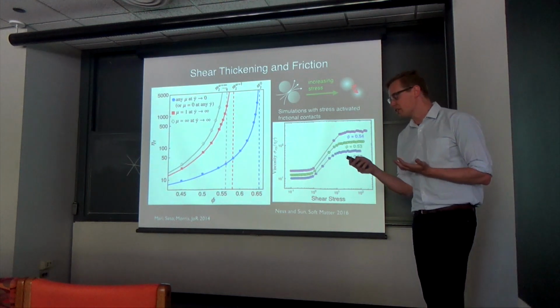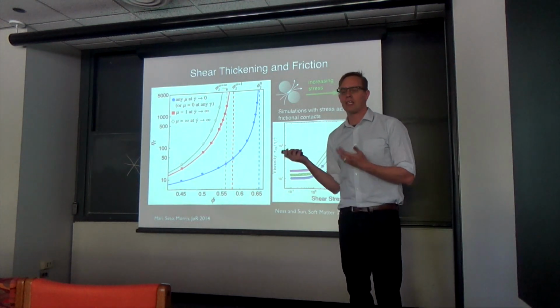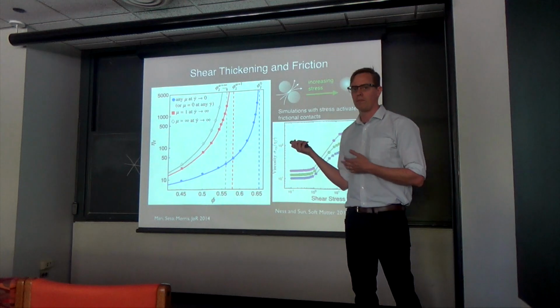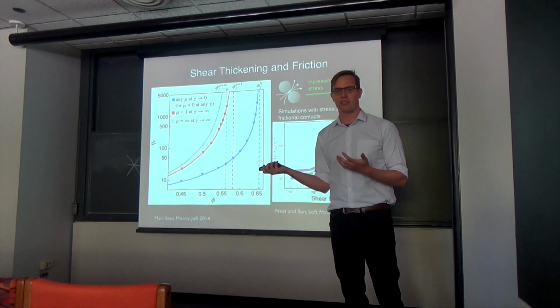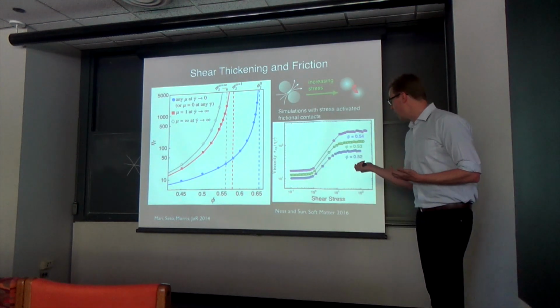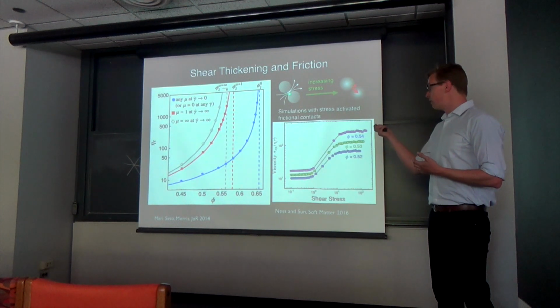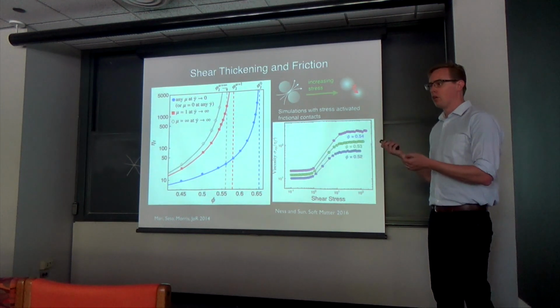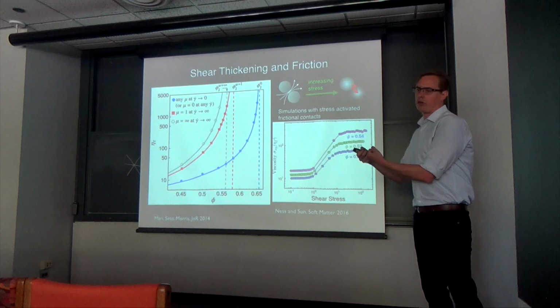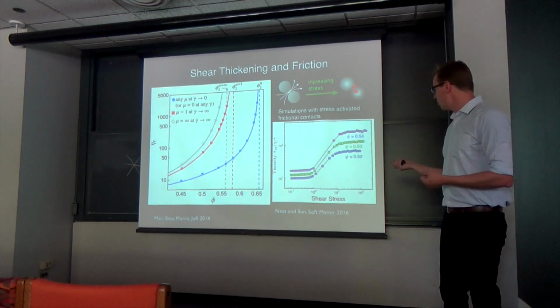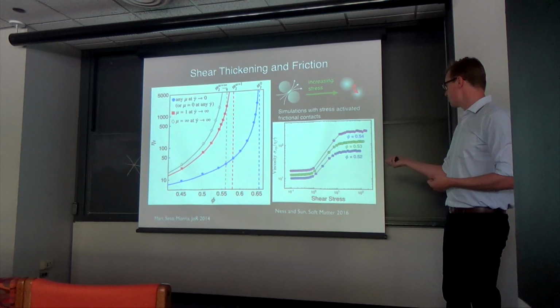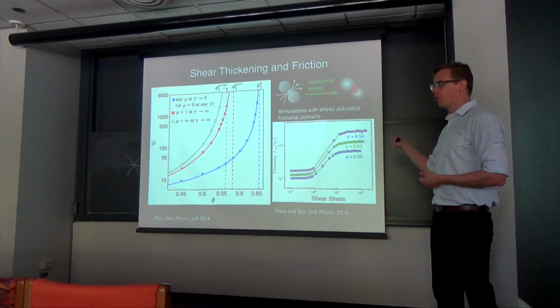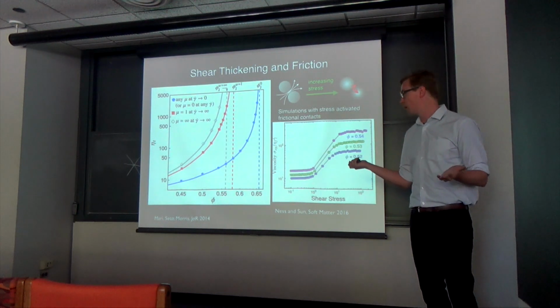So motivated by these ideas, people started adding static friction into these Stokesian dynamics simulations. And lo and behold, when they added friction in a particular way, so that you turn on friction under increasing stress, they were able to reproduce this two-branch or two-plateau structure that people saw in the experiments.